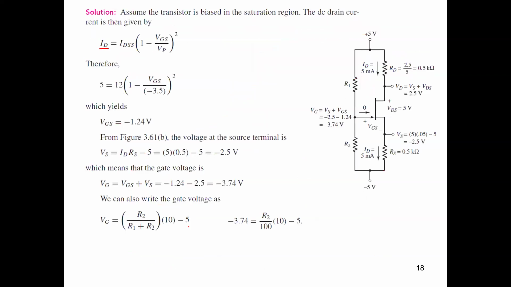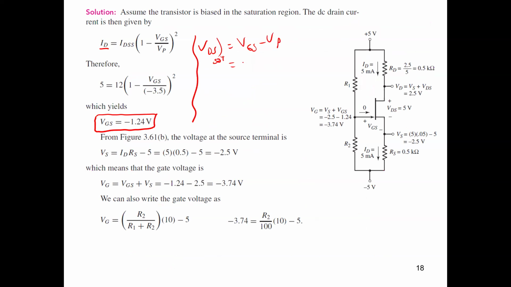Okay, so now we already solved the question and we could get that VGS equals minus 1.24 volts. So this is the value of VGS. Now, for sure, you can check if your assumption was correct or not. So I can say here now, VDS saturation equals VGS minus VP.